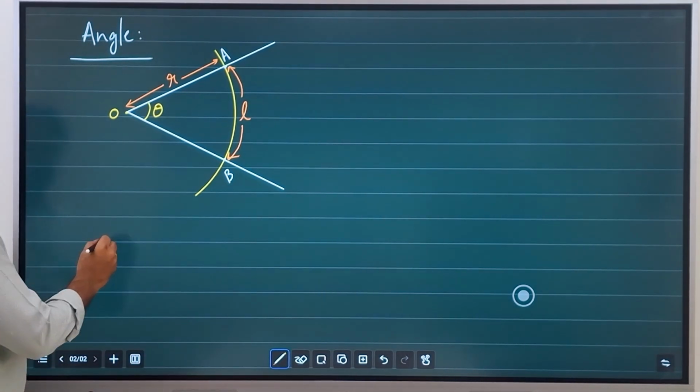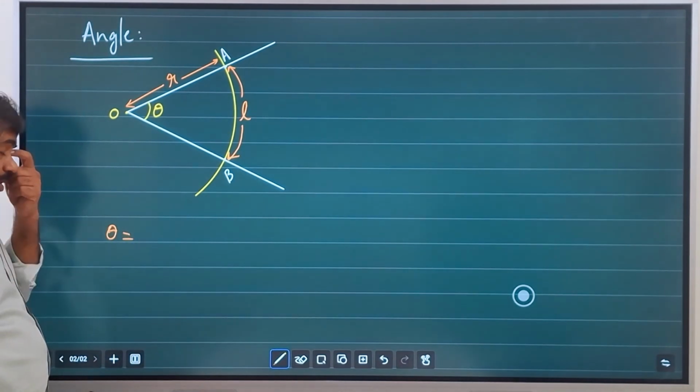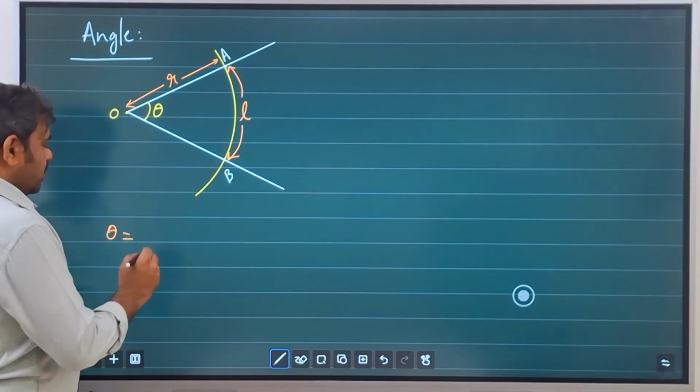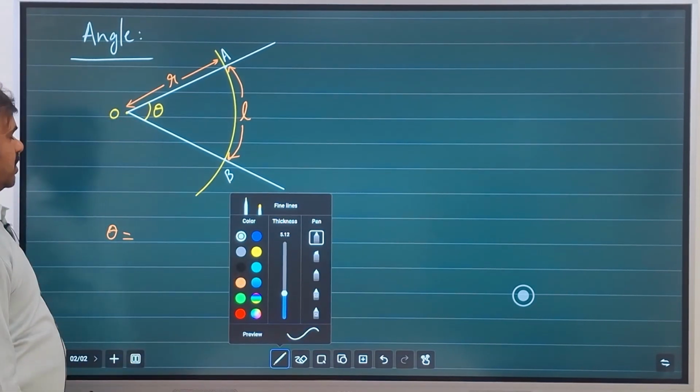Now, by definition, the angle theta between the two lines is equal to the length of the circular arc divided by the radius of the arc.